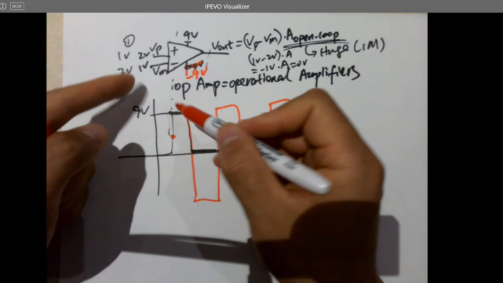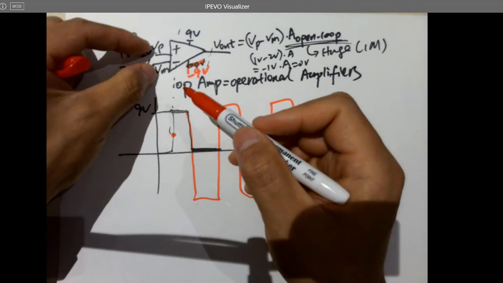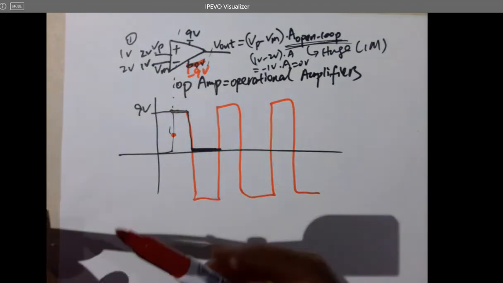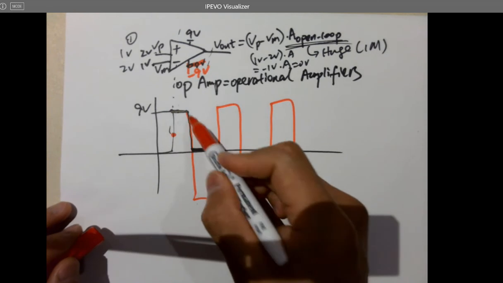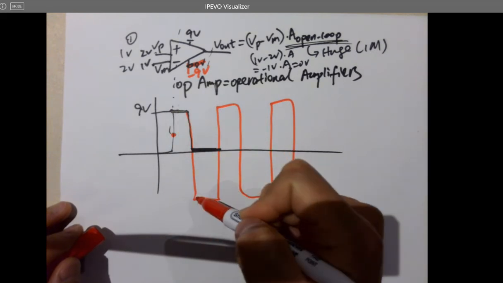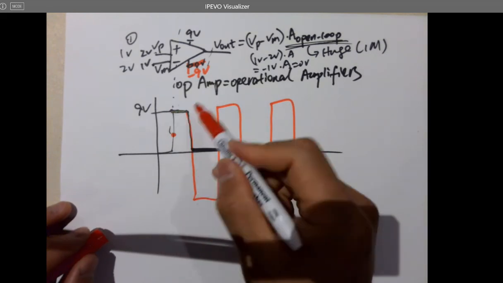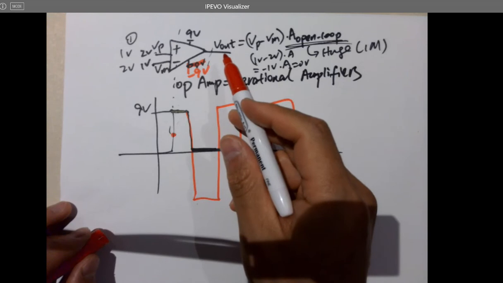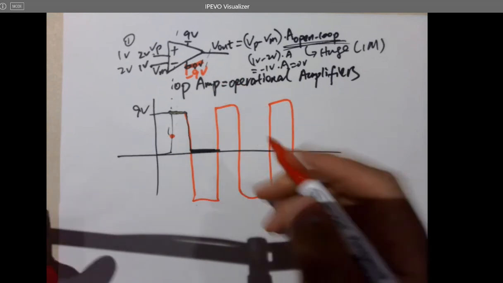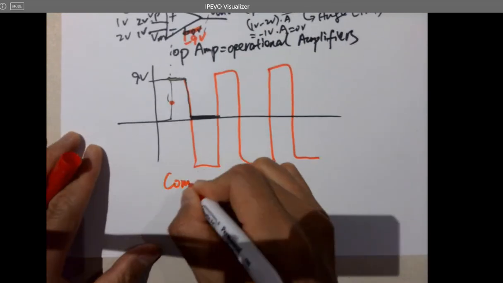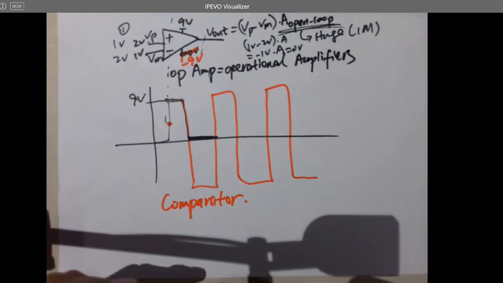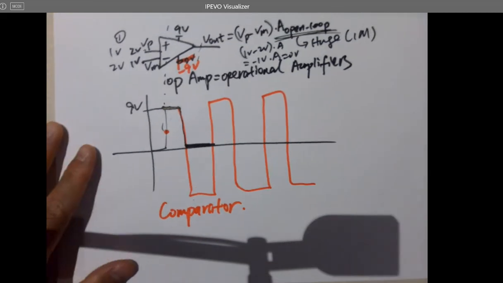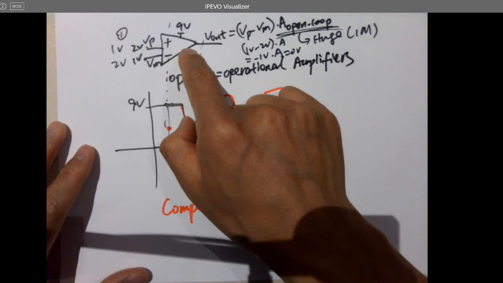Usually the difference will be big enough, even a few microvolts or millivolts is enough to trigger that jump. It's going to be a totally digital output. So this type of configuration is called a comparator. It directly leverages the open loop configuration.